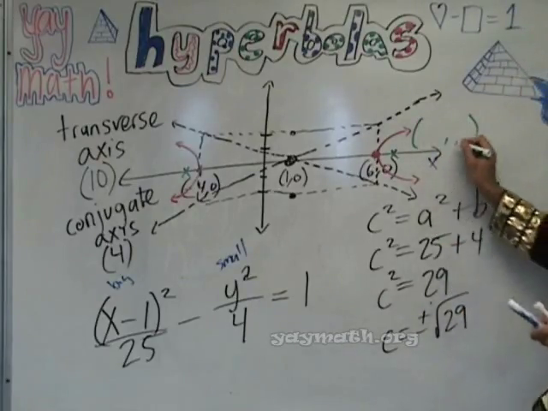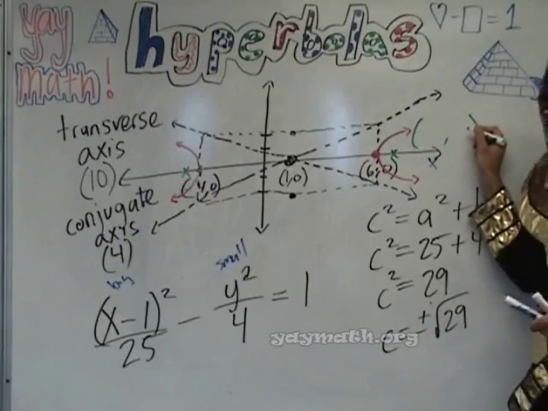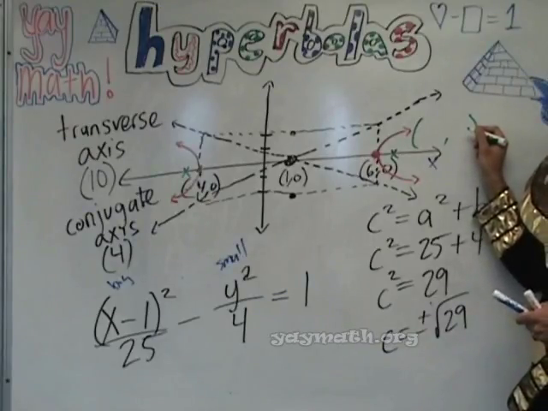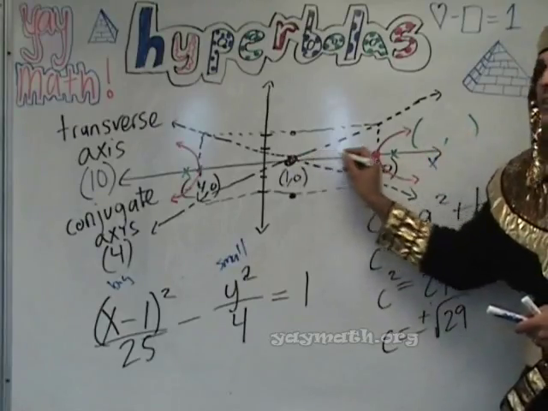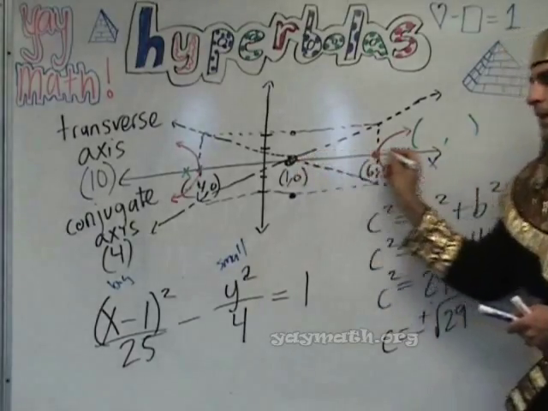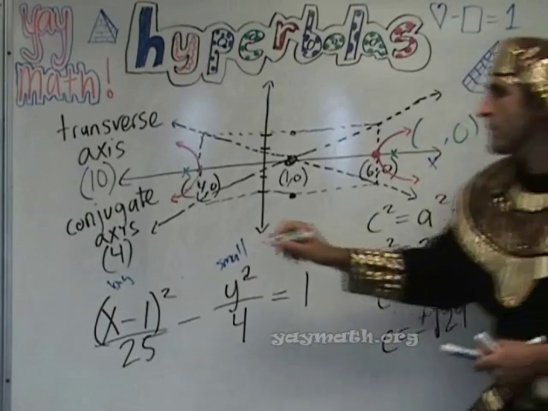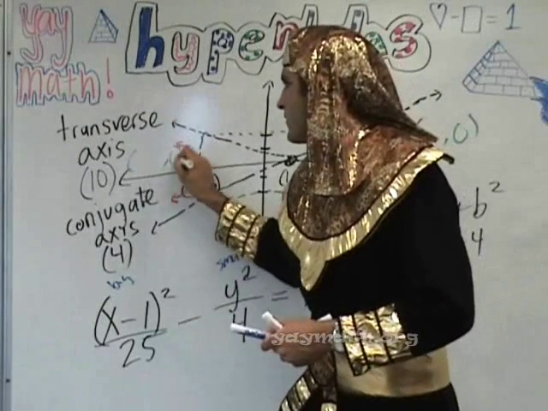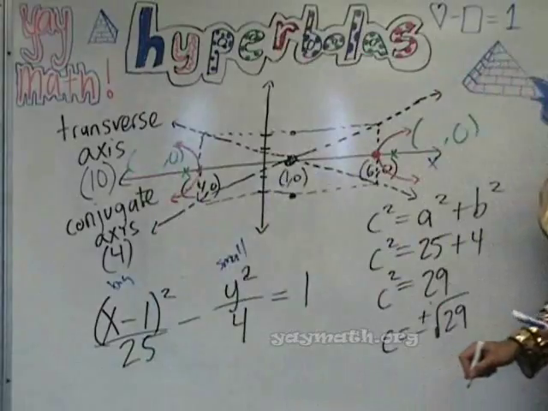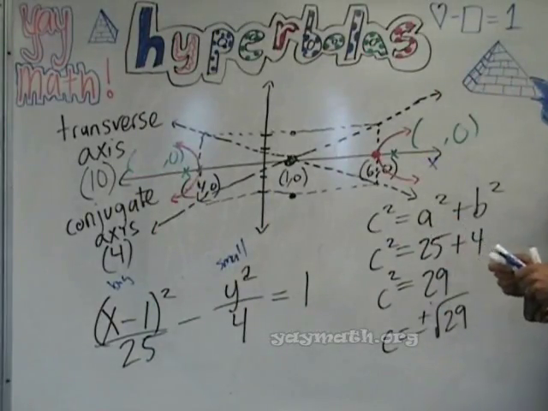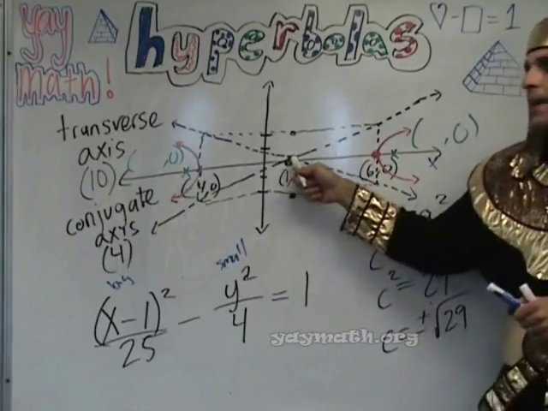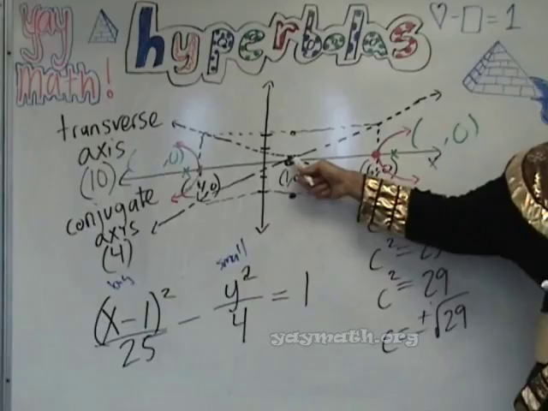Okay, and so for C, I already know which one, either X or Y. So Y is 0. How do I know the Y is 0? Because we didn't move up or down, did we? We're just moving left and right. So 0. And now what point did we start at for X? 1. And we moved from 1 how far?